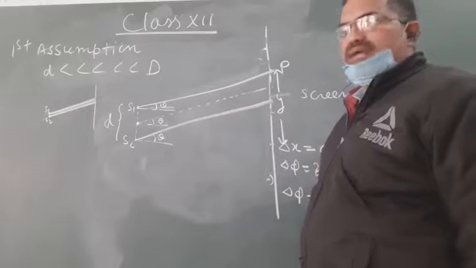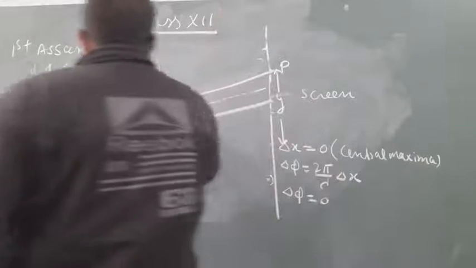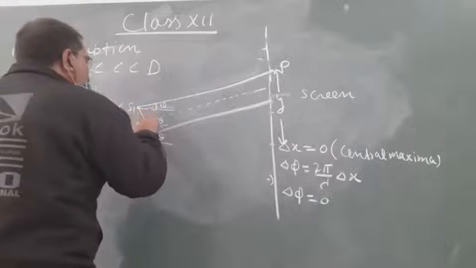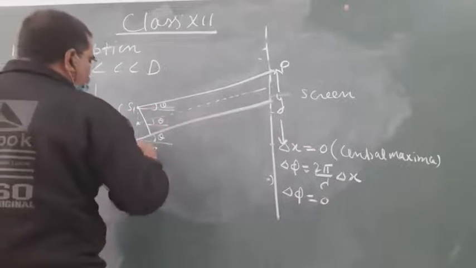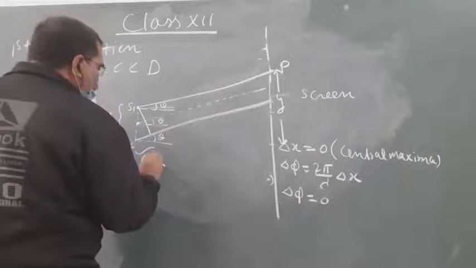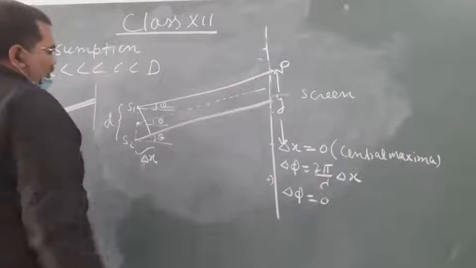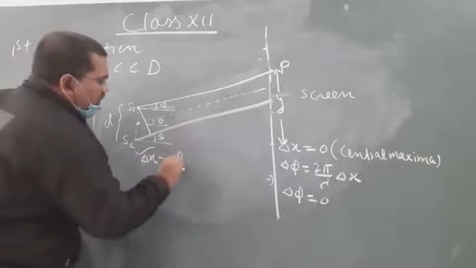Okay, so if we draw the perpendicular here, this would be the path difference between two waves.